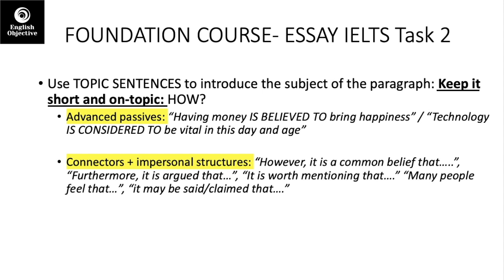One of the things that you could do is use what I call advanced passives. That is, you take the key idea of the task, having money or technology or whatever it is, for example working together or environment, these kinds of keywords of the task, and you use that at the very beginning of your sentence, followed by a passive that is always with to plus infinitive form.